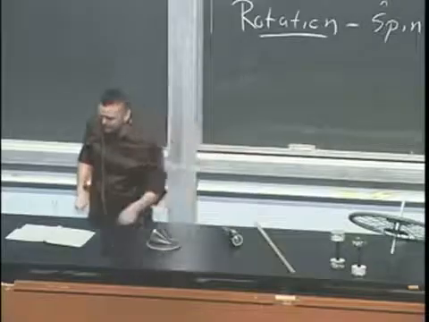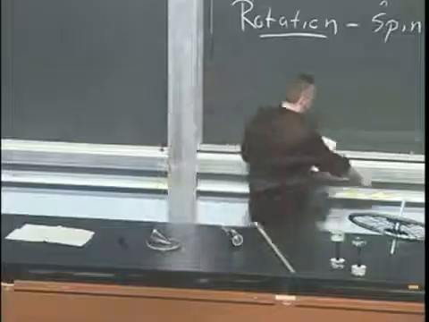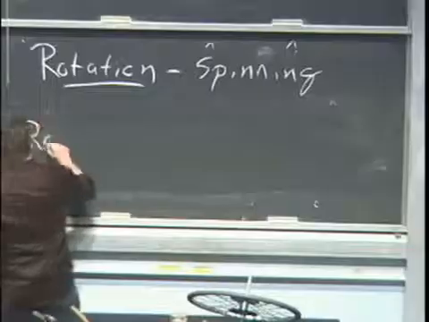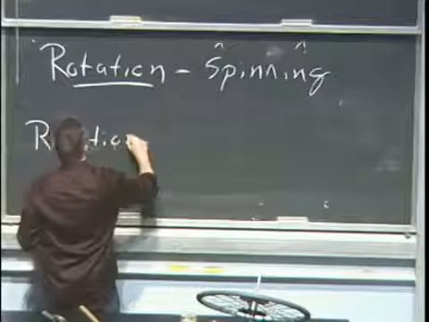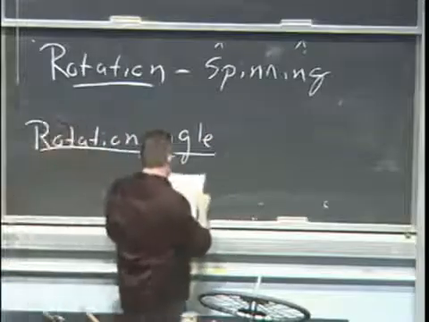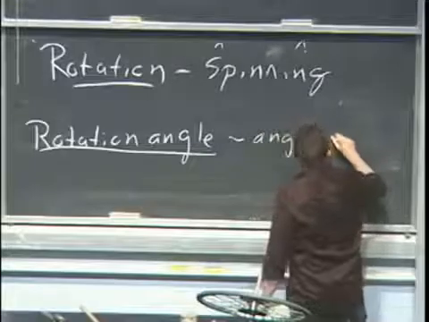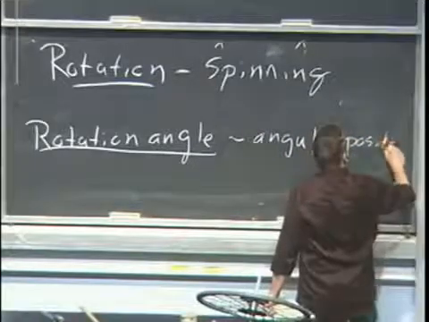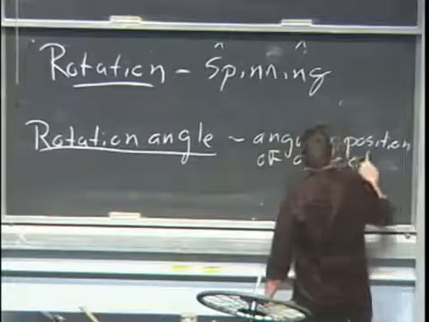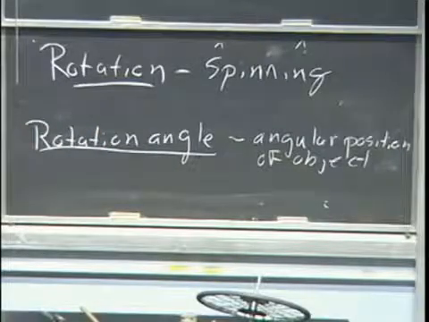Okay, so that is the rotational position, or the rotation angle. Okay. And that is just the angular position of the object that we're looking at. Okay, and it's defined relative to some starting angle that we are basically free to define.